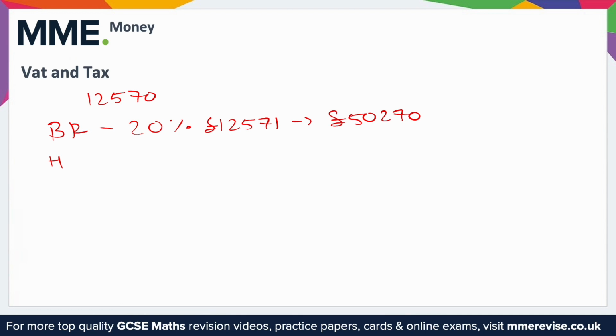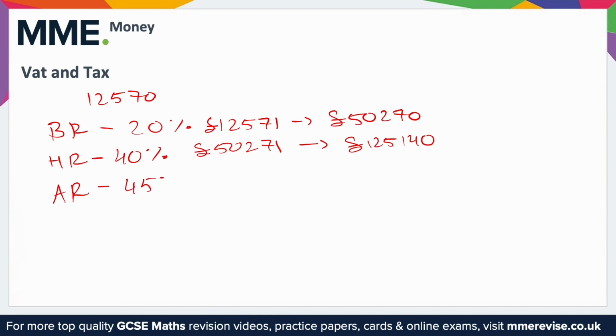There's the higher rate, which is 40% tax for between £50,271 and then an upper limit of £125,140. Finally, the additional rate, which is 45% tax for £125,141 up. Anything above that, you still pay 45%.